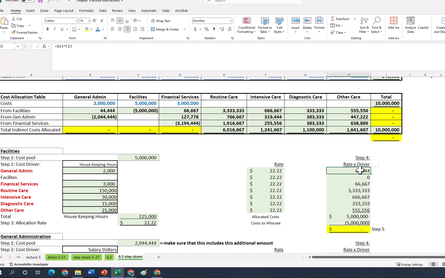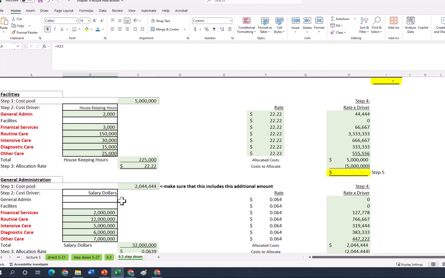So we have to add in this. So that's why it's so important to do a neat and orderly spreadsheet so that you can keep track of this. So I picked up the 44,000. I do the same thing. General administration, you don't allocate to itself.